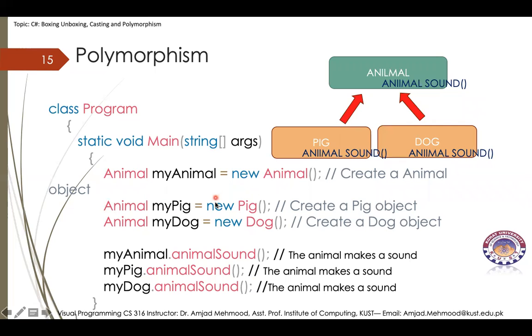Here I am assigning the dog class object to my animal class as well. And here I am doing the binding: my animal, which is the object of my parent class, and I am binding the parent method and the methods with the object of both child classes, pig and dog.